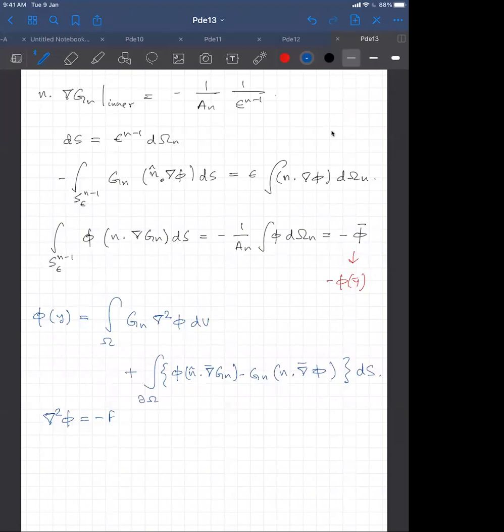So what happens is that we obtain something which we call Green's third identity.